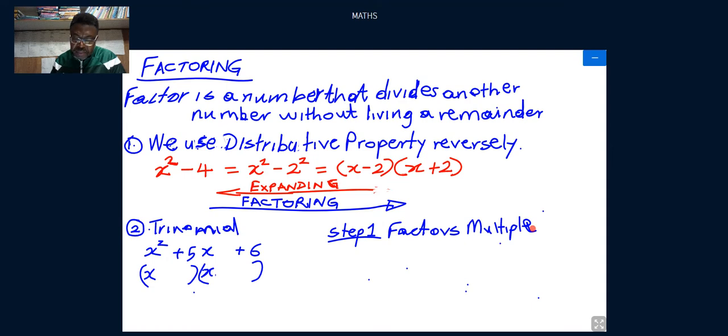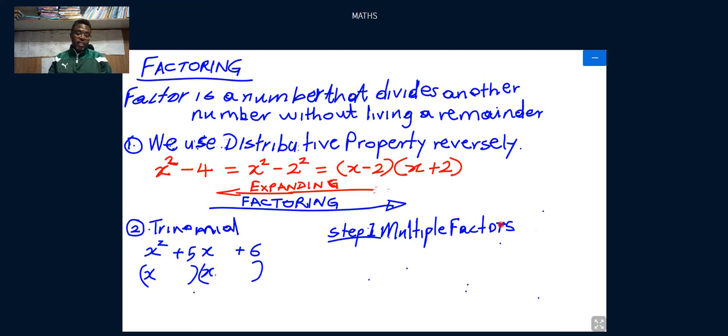Right? In the multiple factors, let me just write it nicely. So we're going to factorize. We're looking for the multiple factors.